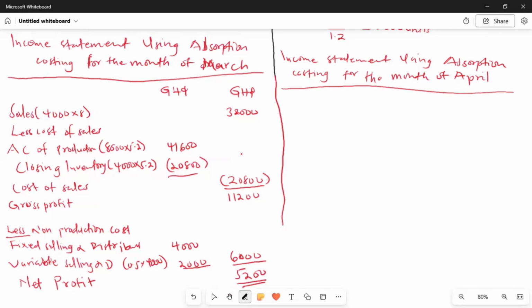So we have our two columns. We find our sales during the month of April. We sold 6,000 units by 8, which is 48,000. Less our cost of sales.